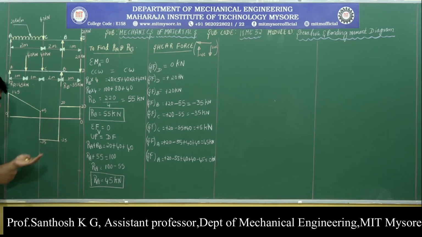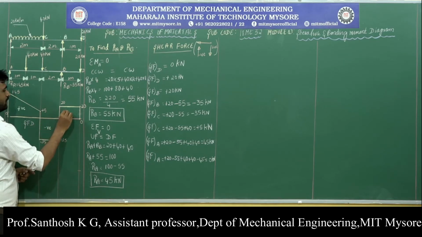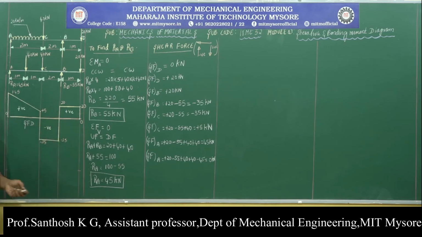It represents the variation of the shear force throughout the length of the beam. The shear force has a positive value in this region, a negative value in this region, and a positive value in this region.